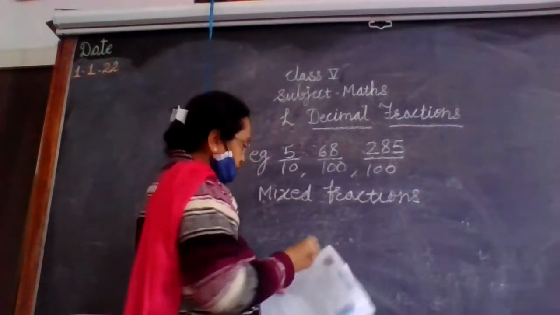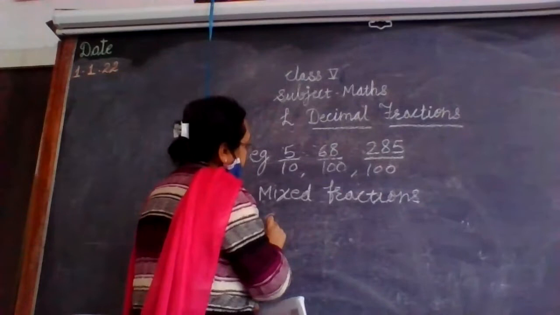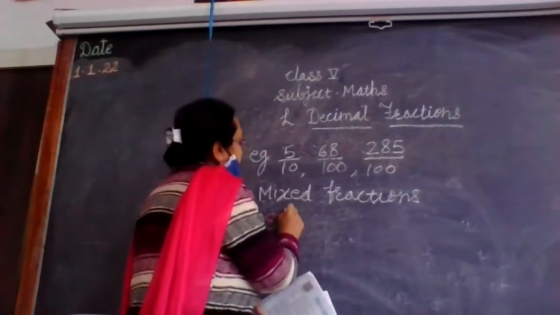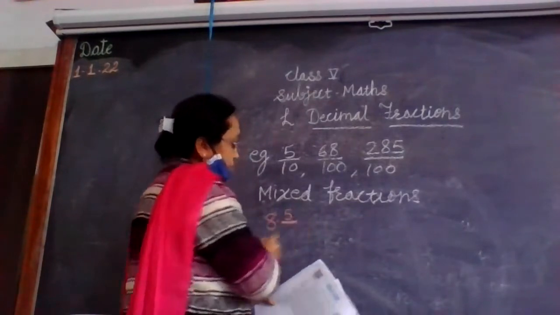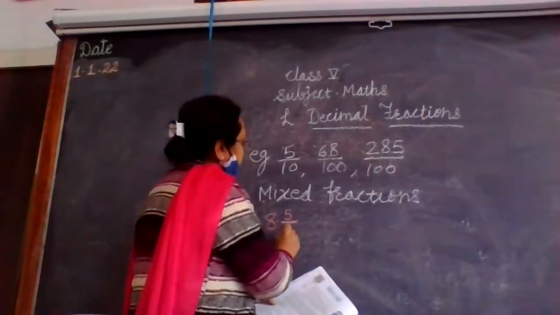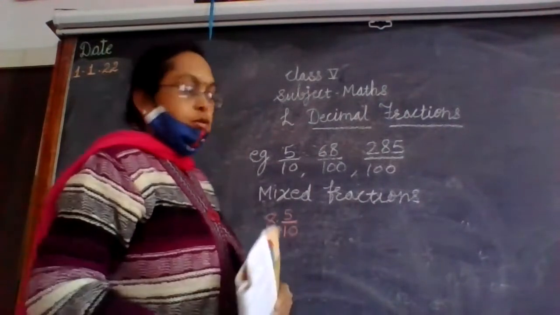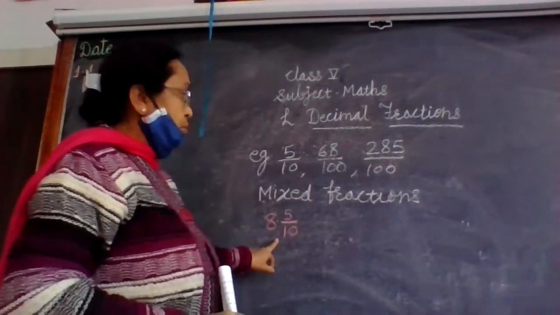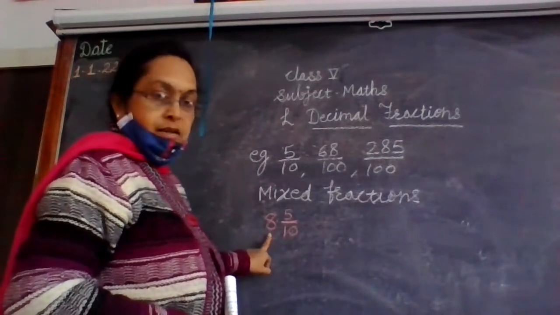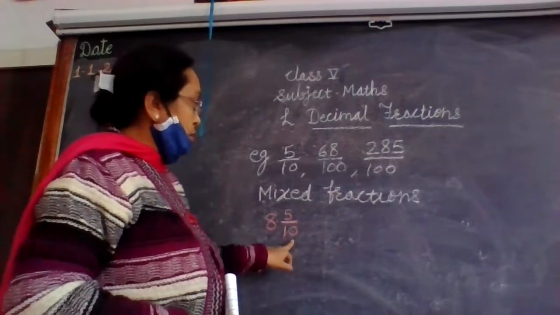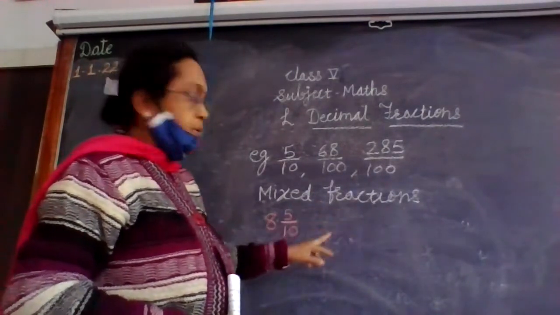Say it is like this: 8 whole and 5 by 10. Now this is called a mixed fraction because 8 is whole and 5 by 10 tells you a fraction. So this is called a mixed fraction.